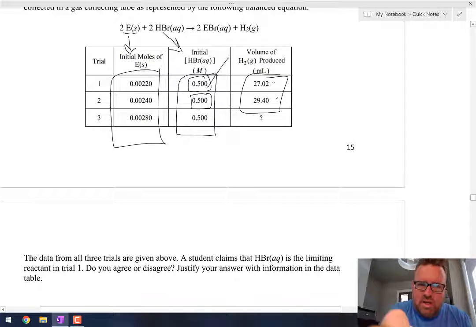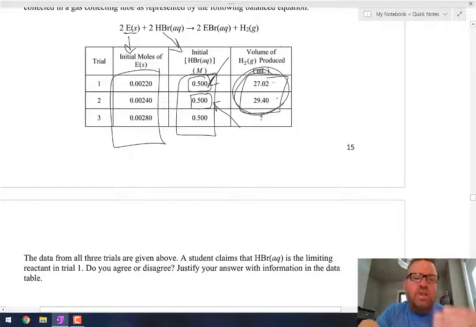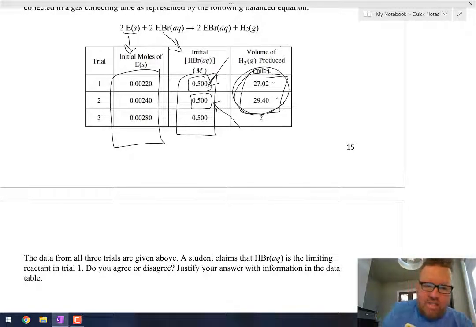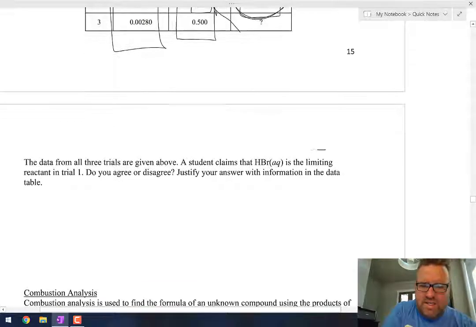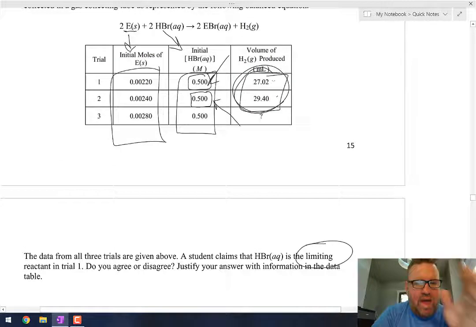Because the concentration of HBr is the same for both trials, the volume of hydrogen produced would also have to be the same. If it is the limiting reactant, the reaction stops when that runs out.